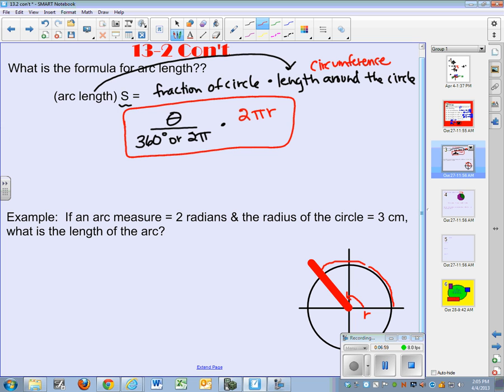So, first thing that we should clear up is arc measure. Arc measure is another way to say angle measure.